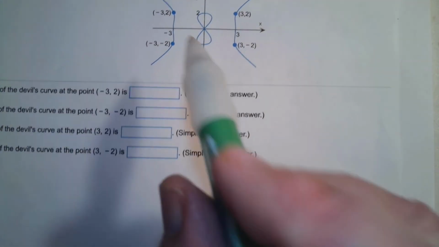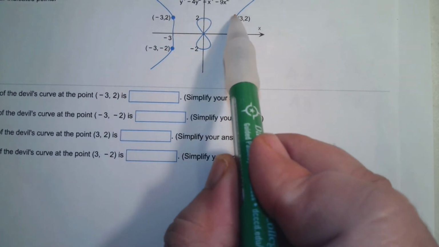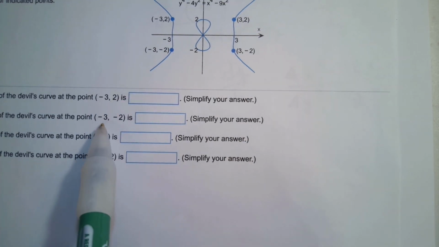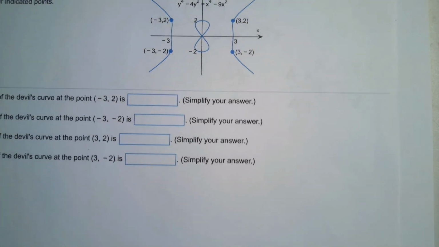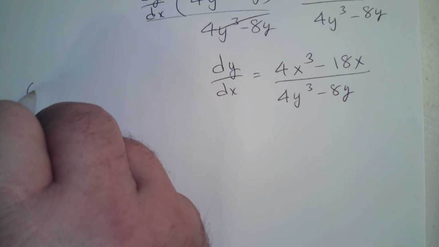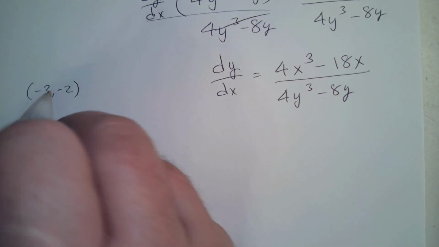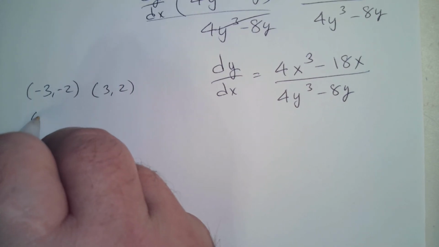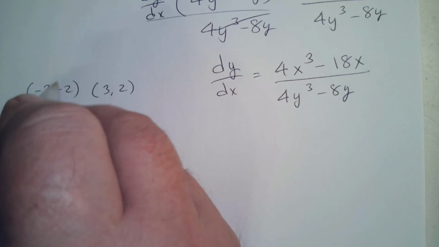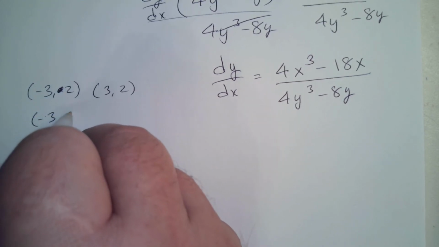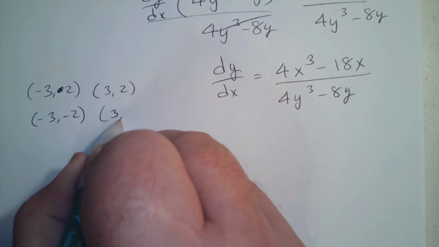So my equation for the slope is this. Now it wants us to look at the slopes at all 4 of these points: negative 3, 2; negative 3, negative 2; positive 3, 2; positive 3, negative 2.